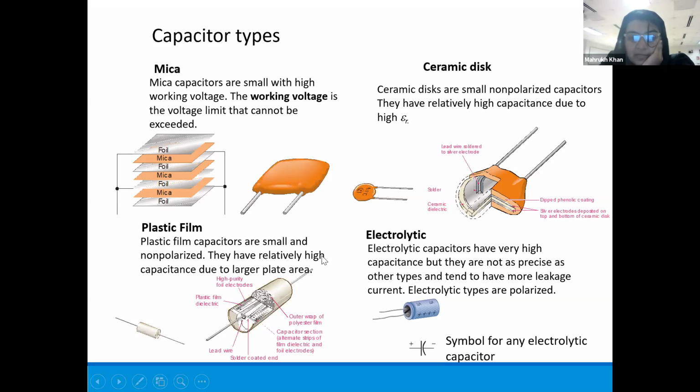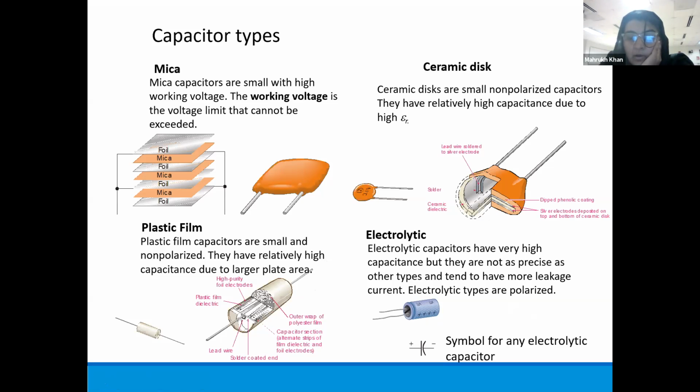Then there are plastic film capacitors. Their shape is different from the mica and ceramic disc capacitors, and they have relatively high capacitance due to large plate area. Then electrolytic capacitors. These ceramic disc capacitors and electrolytic capacitors are the common types of capacitors.